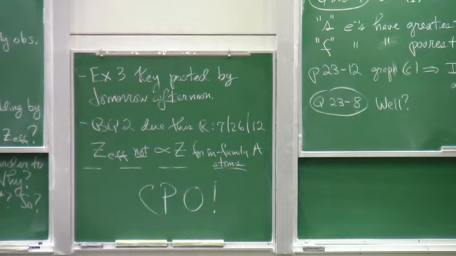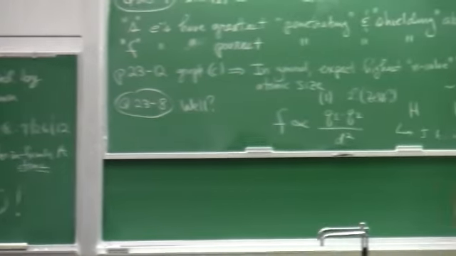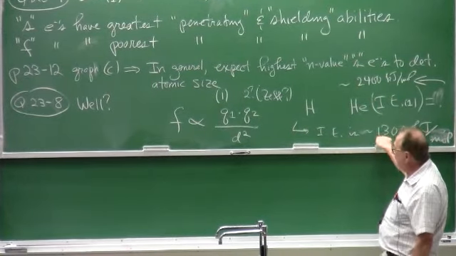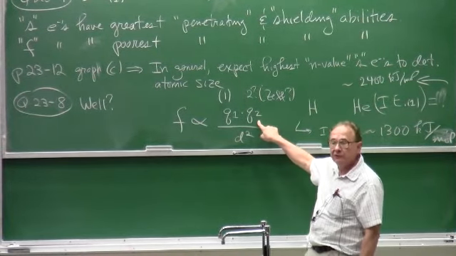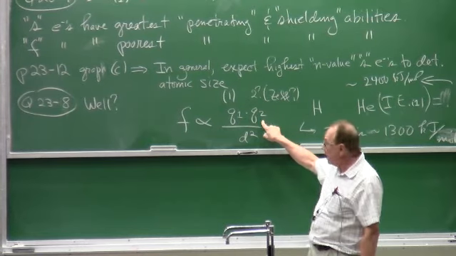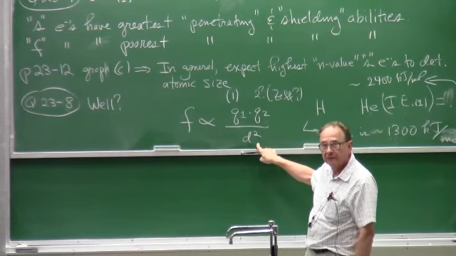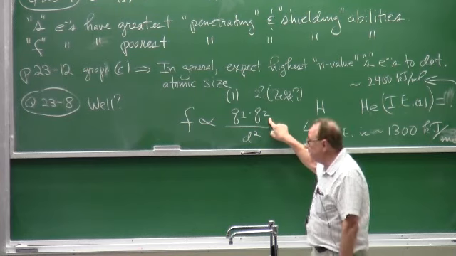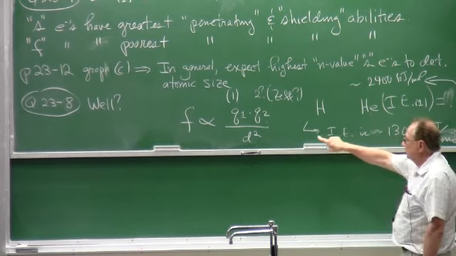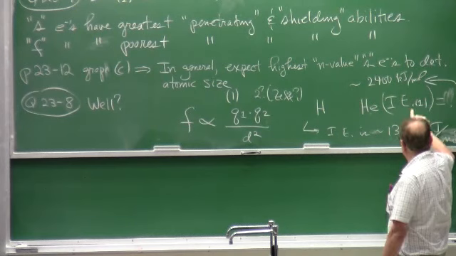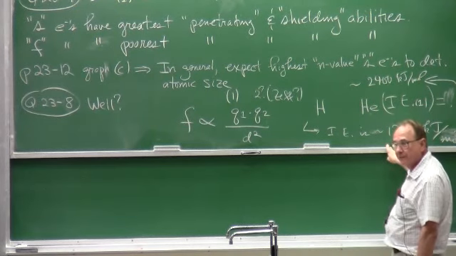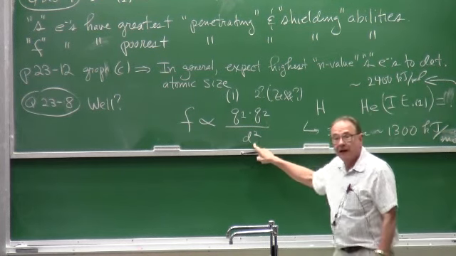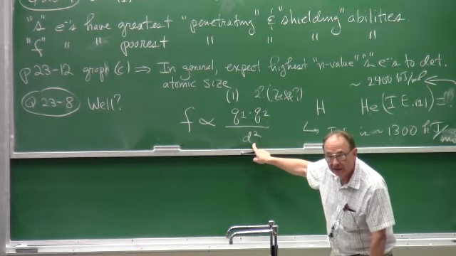Remember, we made the decision that IE1 for helium is more than twice this number if Z effective for helium is 2, because you got 2 protons in the nucleus. We know helium is smaller. So if Z effective is 2 for helium, that guarantees that first ionization energy for helium has got to be more than twice this number, because it would be exactly twice this number if hydrogen and helium were the same size.